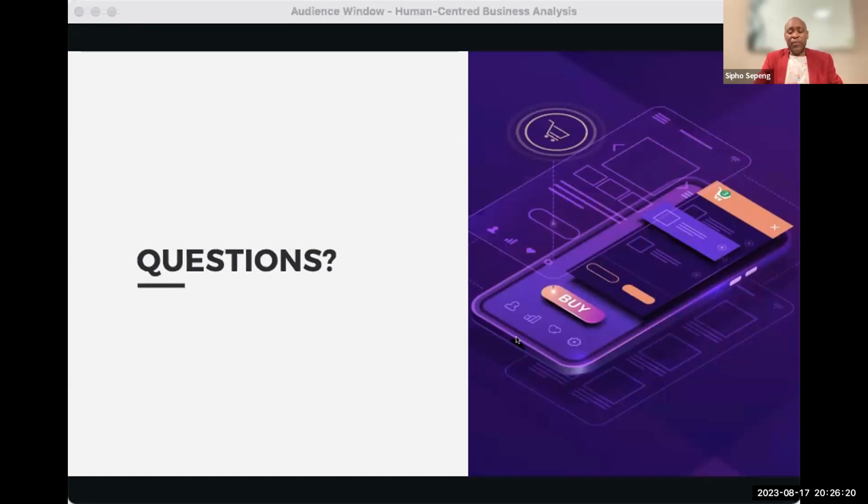What tends to happen is that after the 5th user, you get what I call diminishing returns. The graph just plateaus, because then you start getting the same insights, right?